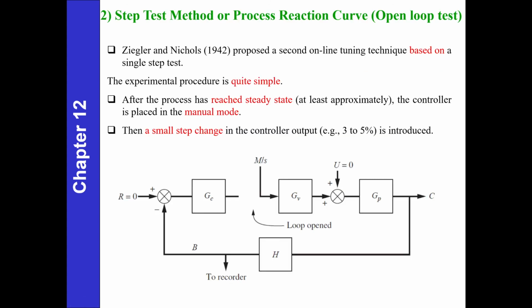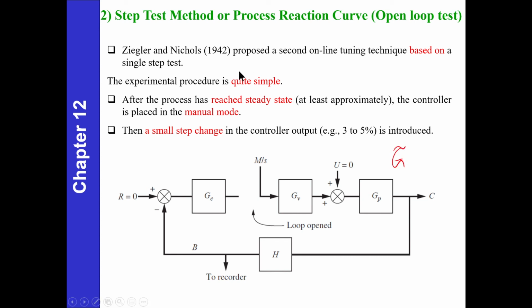This is the second method for online tuning. Our uncle here, Ziegler and Nichols, proposed a second method of online tuning, but it's different from the previous one, because the previous method is to determine the best value of Kc, tau I, and tau D. But here is for us to find the process model.